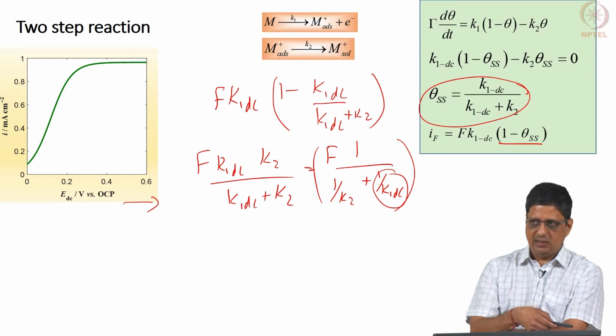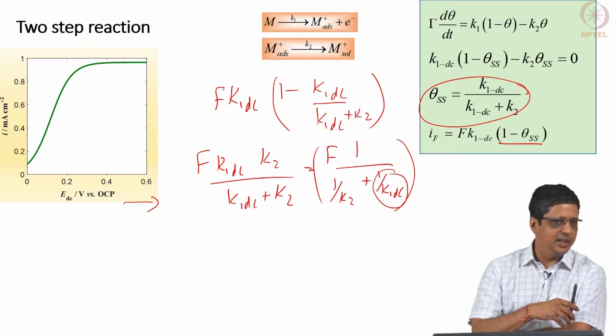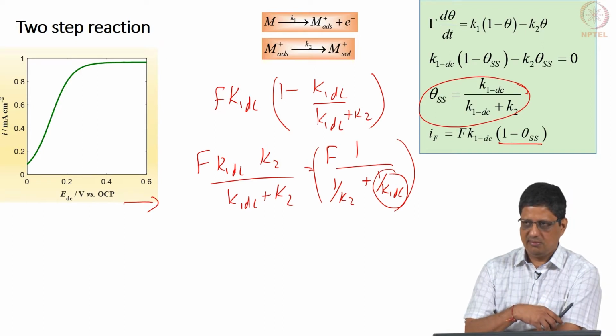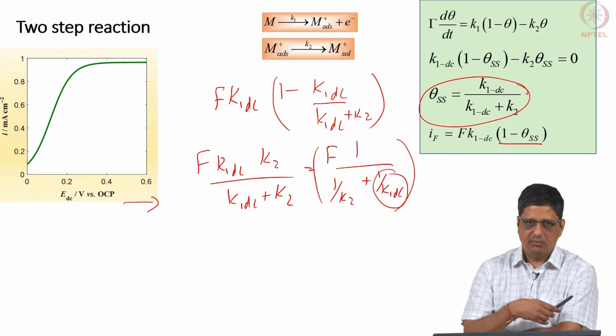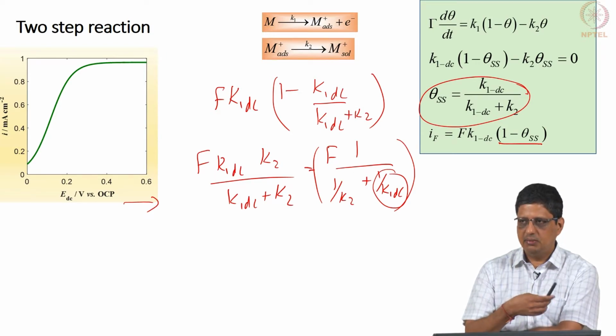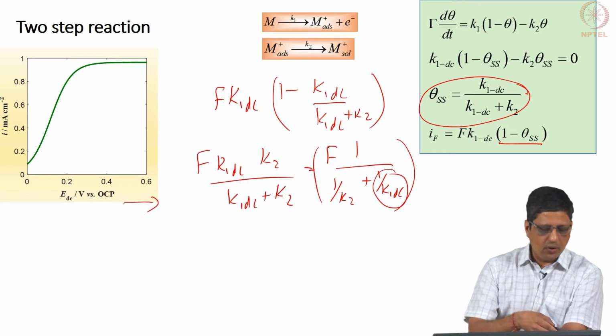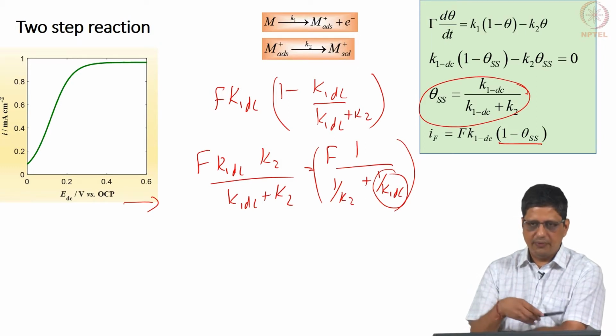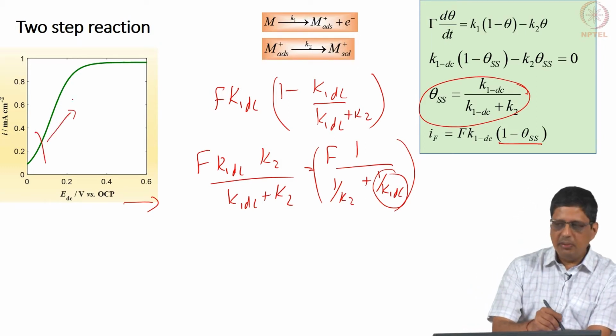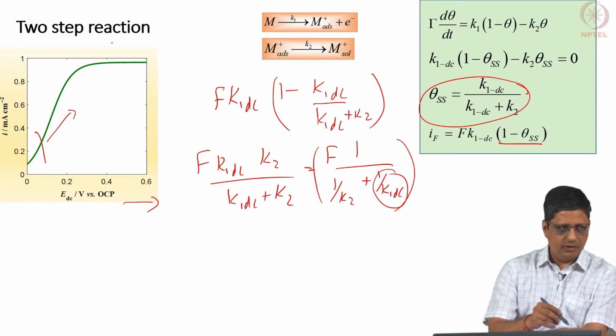The signature, if you look at this, will look somewhat similar to a mass transfer limited case, even though mass transfer is rapid. Does it make sense? If you look at the current versus potential, when I go to intermediate level of potential, current increases with potential.